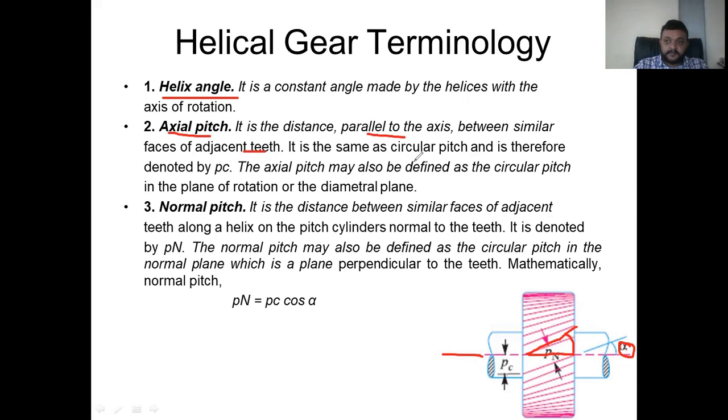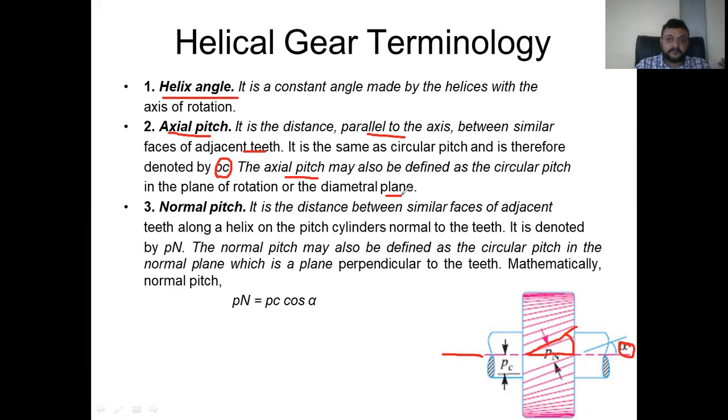It is the same as circular pitch and is therefore denoted by Pc. In the case of a helical gear, it is also defined as the circular pitch in the plane of rotation.